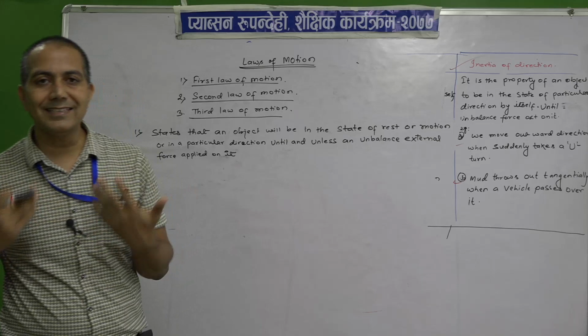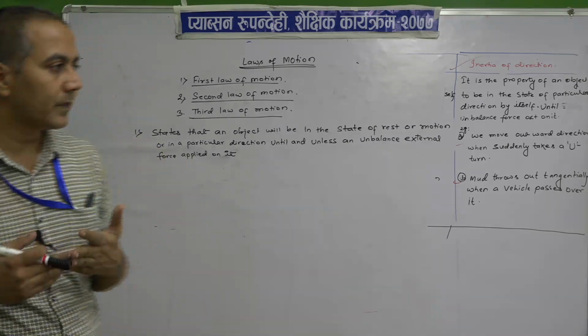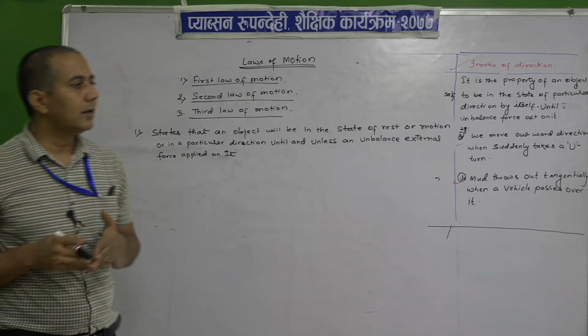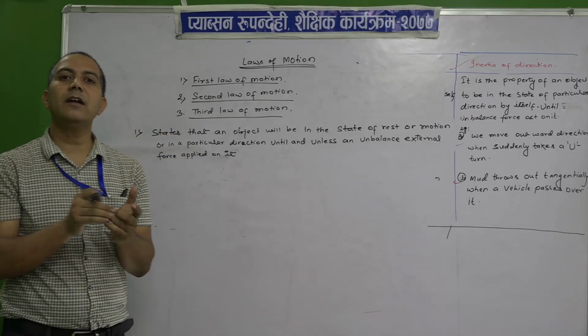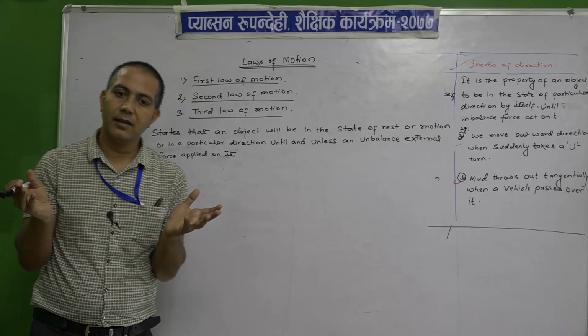So, what are the examples of the first law of motion? They are inertia of rest, inertia of motion, and inertia of direction.